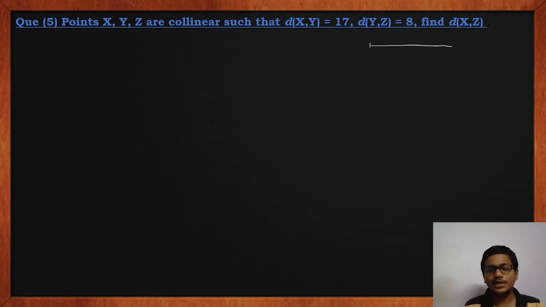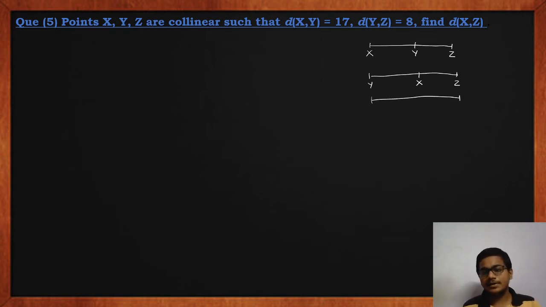So one possibility is that X is on a corner, Y is in between, Z is on the other corner. Second possibility is X is in between, Y and Z are on the corners. And third possibility is that Z is in between and X and Y are on the corners.